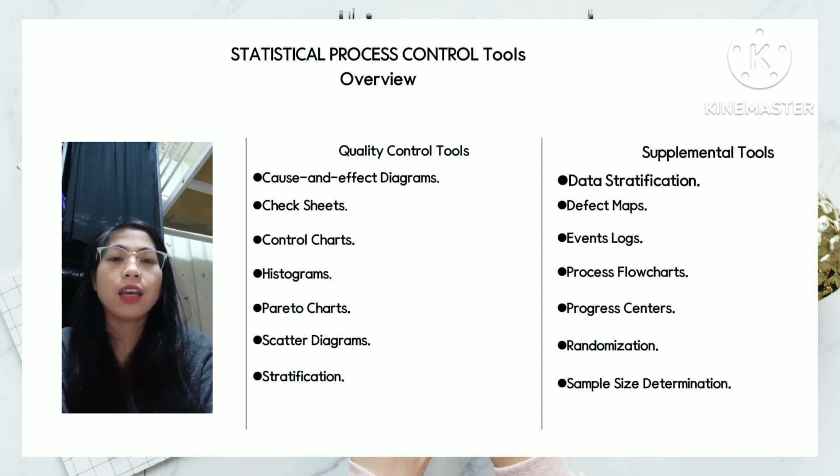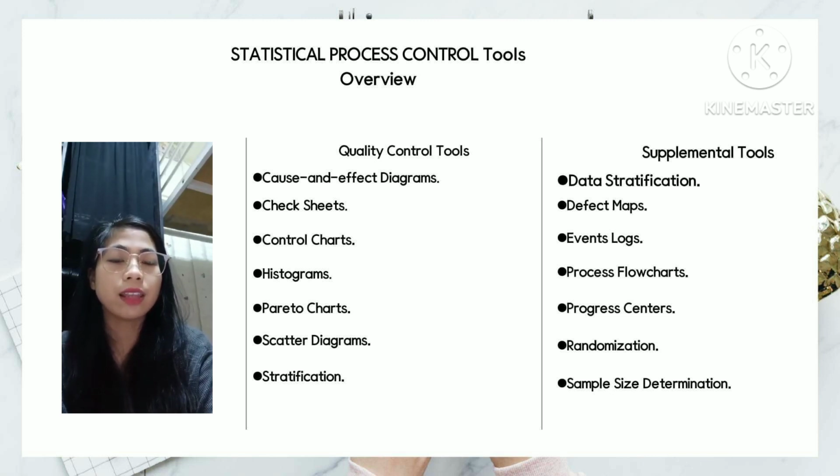Event logs. Event logs are a centralized, standardized means of recording important software and hardware events. Process flowcharts. Process flowcharts are pictures of a process's steps displayed in sequential order. Progress centers.